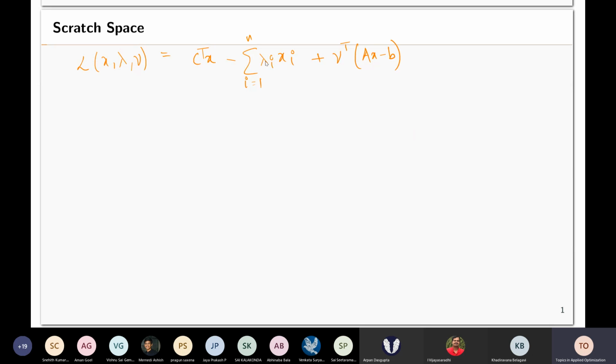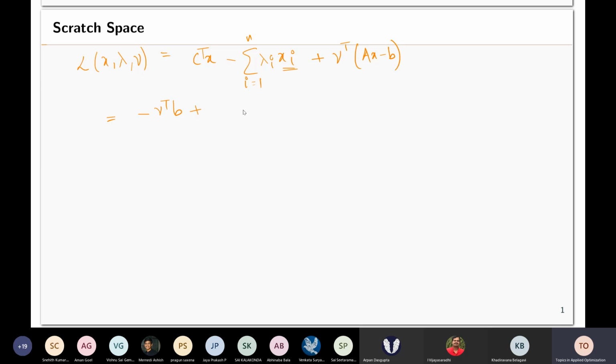So these are the ith components of the lambda vector. Okay, it is a good idea to keep out the non-x term. So this is like minus nu transpose b plus, and then yes, this can be written in vector form together, because this is the inner product of lambda with x, and this is already written as an inner product.